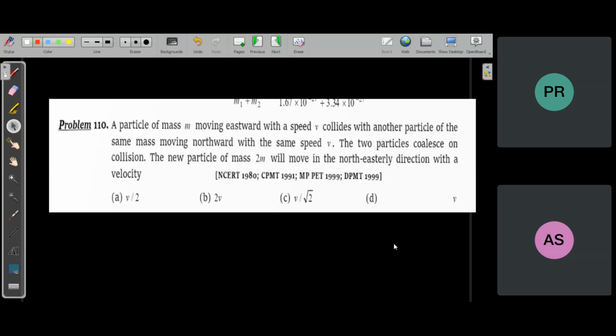Yes, this is oblique. Sir, what is the meaning of coalesces? The two particles coalesce on collision, which means they combine, stick together. Both combine and become one particle.